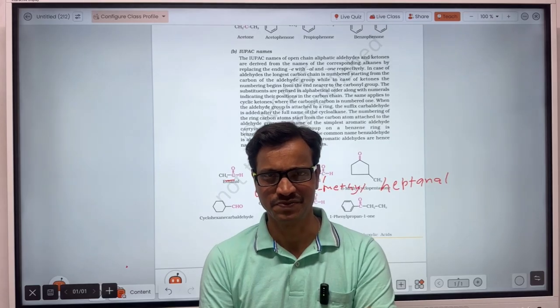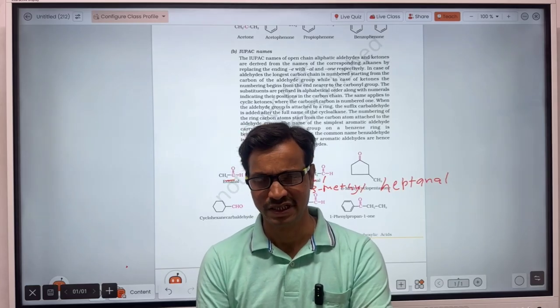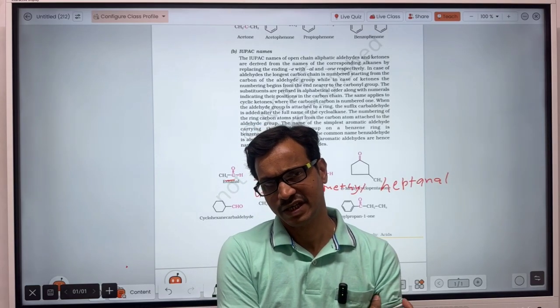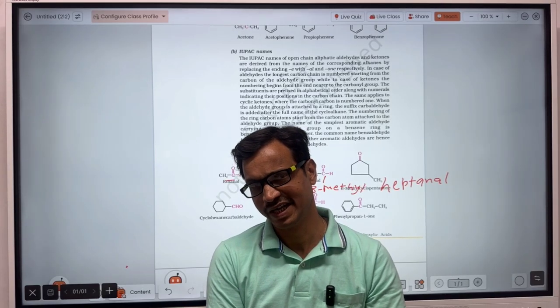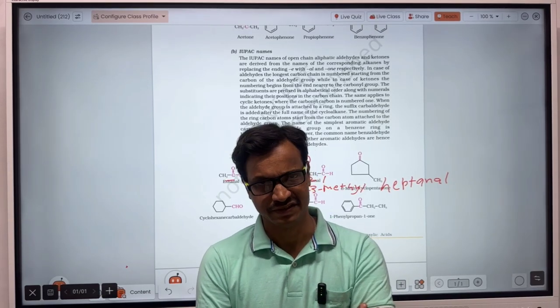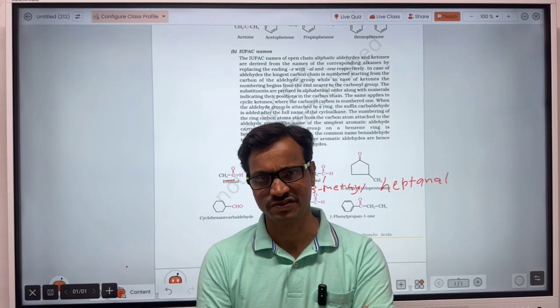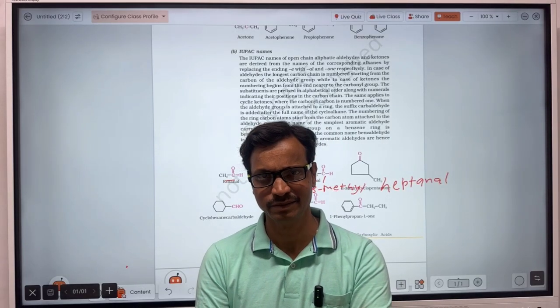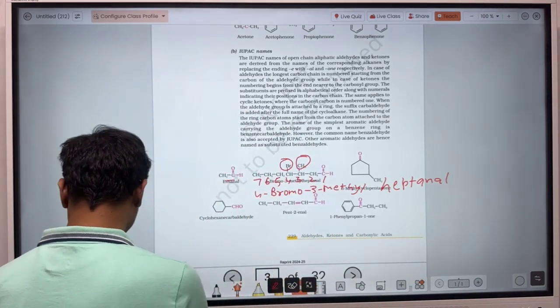Its position will always be 1, because you will have to count the carbon atom of the functional group also. So keep in mind, when writing the IUPAC name, you will have to count the carbon of the functional group, that is the acyclic carbon atom. So that is the IUPAC name of this compound.